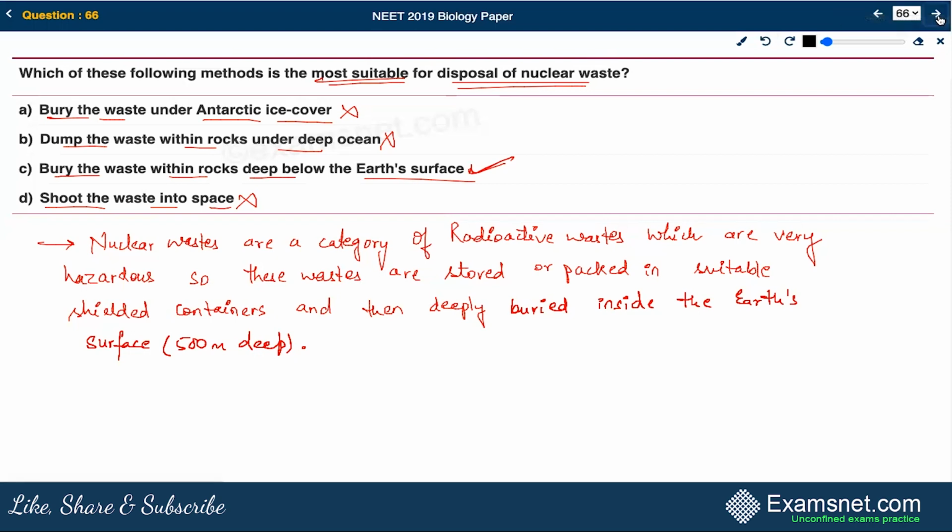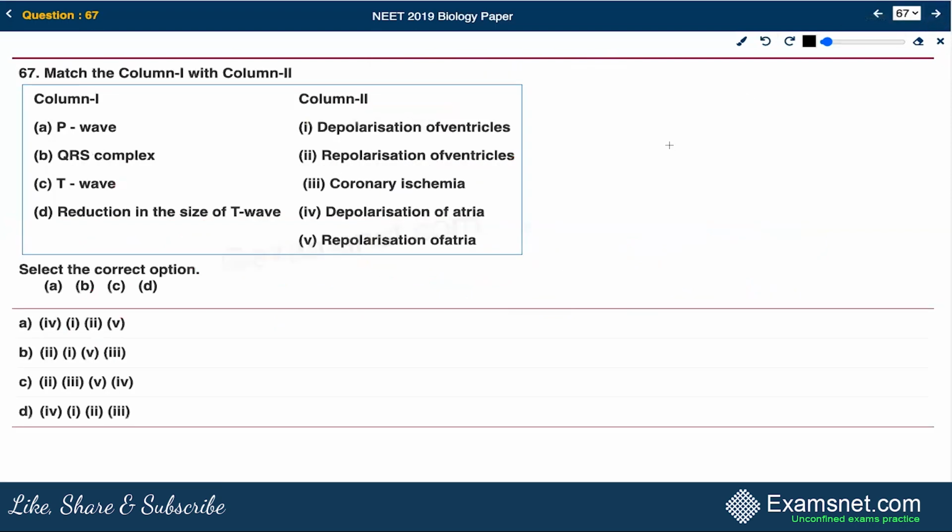Now next question is question number 67. Question number 67 says that you have to match the column, a match the column kind of question has been given, and column 1 is to be matched up with column 2. Now in this question, this is basically a question of the ECG.